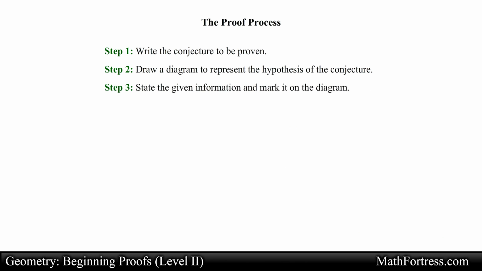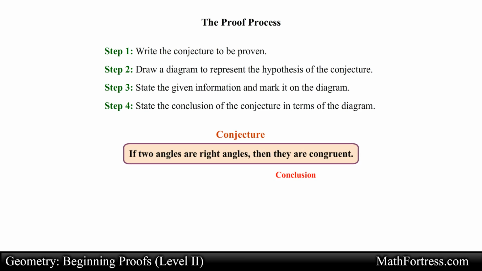Step 3. State the given information and mark it on the diagram. For example, if an angle or side is congruent to another angle or side, then mark them on your diagram for easy reference. Step 4. State the conclusion of the conjecture in terms of the diagram. Remember, this statement is usually the statement after the word then.